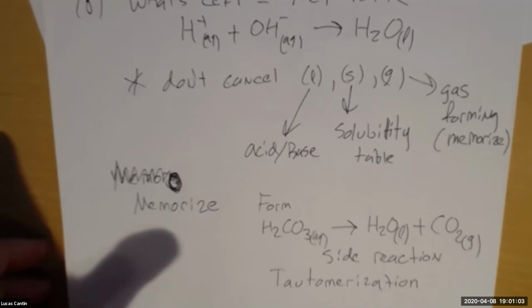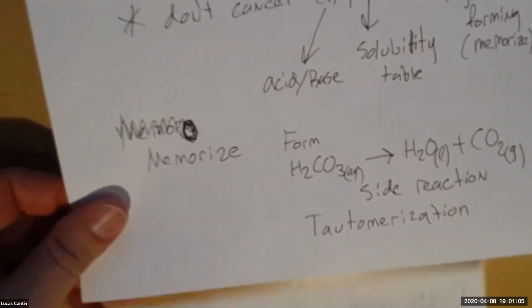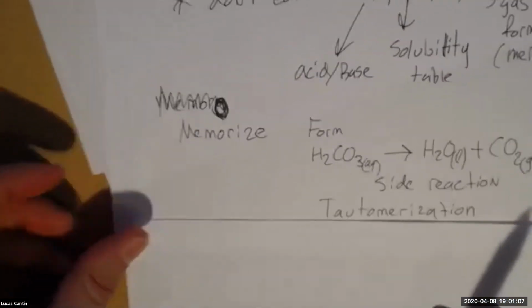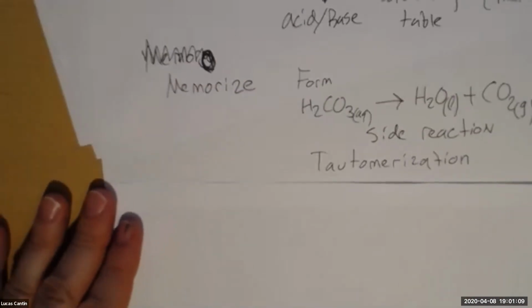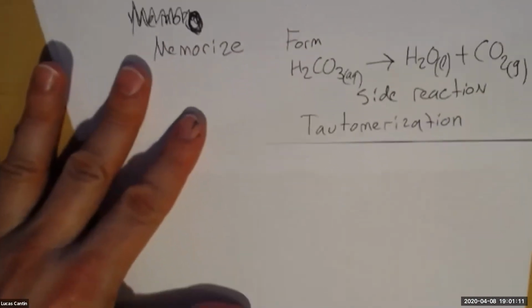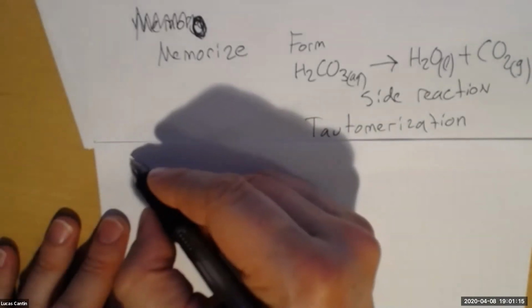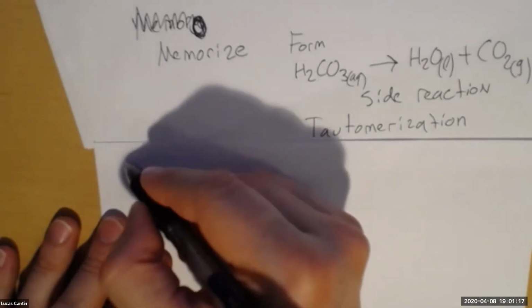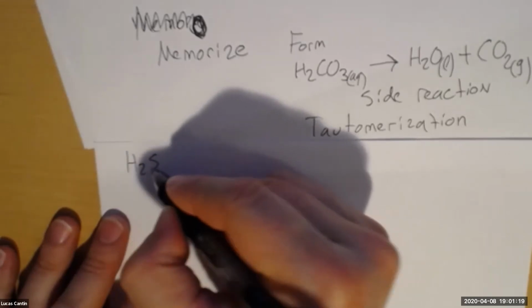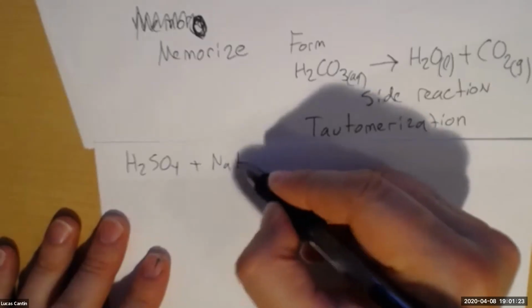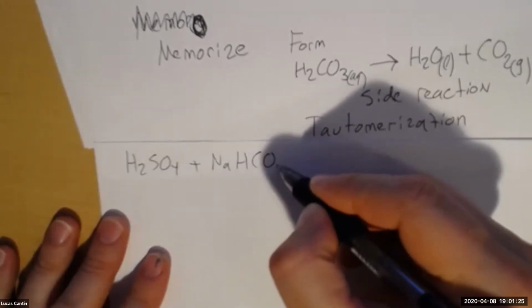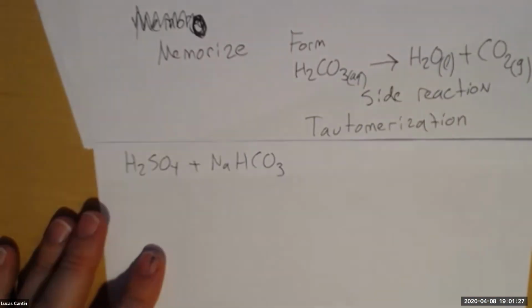So let me show it in the context of a net ionic equation. I'll do one that's slightly different than I probably did in one of the videos, which is, how about sulfuric acid, H2SO4, plus sodium hydrogen carbonate. All right.